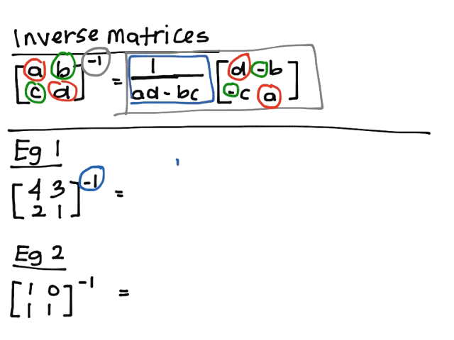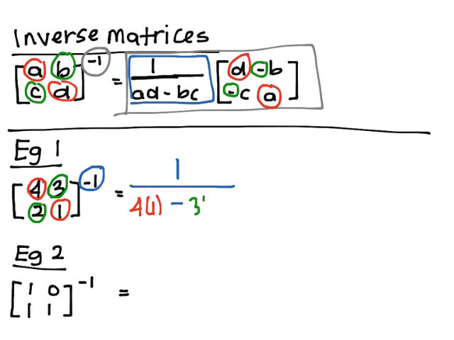So always we have 1 over A multiply D, minus B multiply C. AD in our matrix is 4 multiply with 1. That is AD. Always go with minus. And then for BC, this is our position of B and C, 3 and 2.